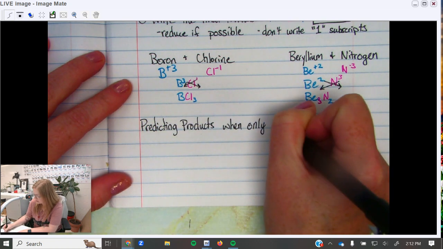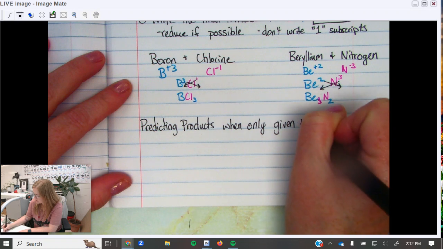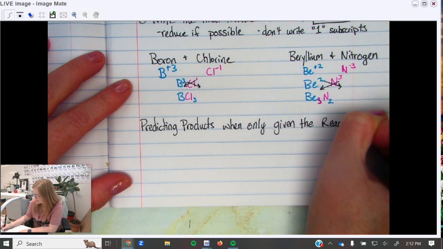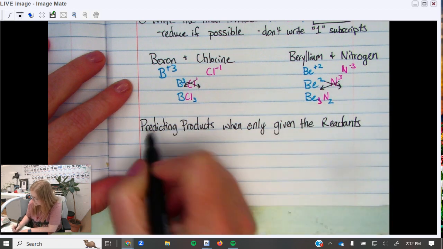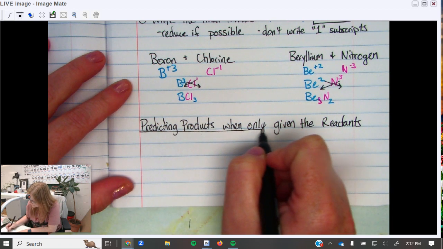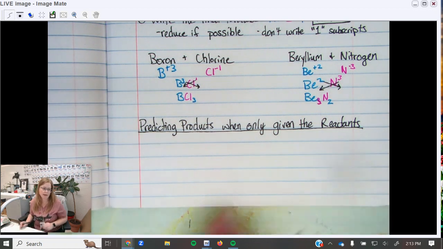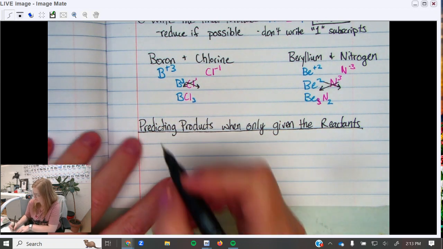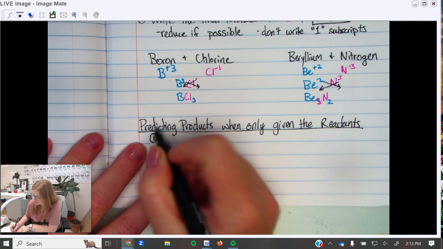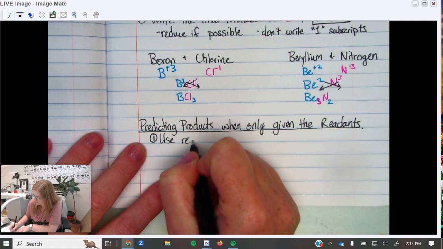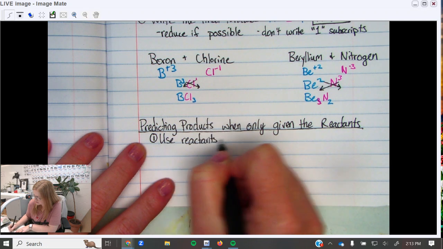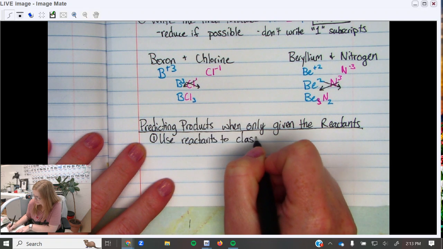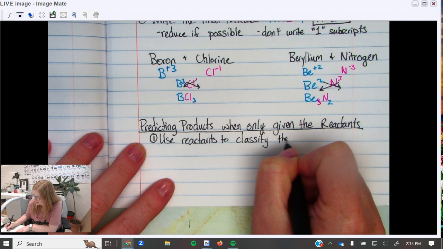So the first thing you are going to do is you are going to use the reactants to classify your reaction. That's your first step. Use reactants to classify the reaction.